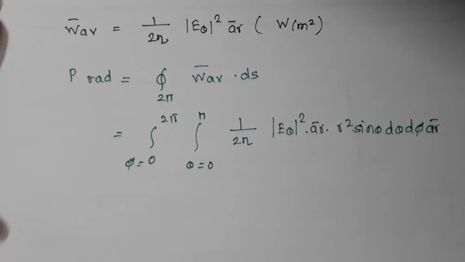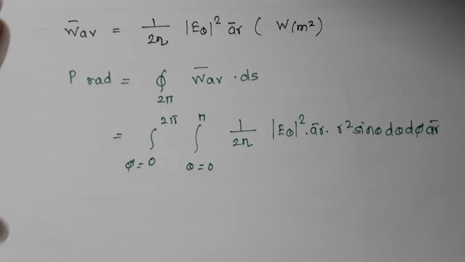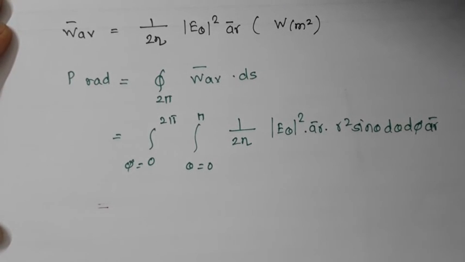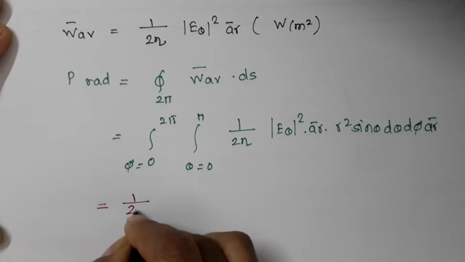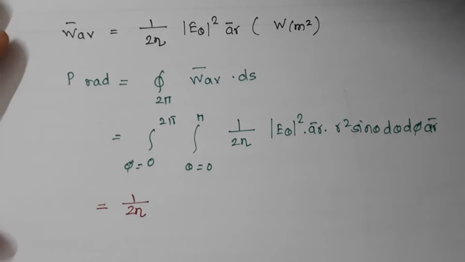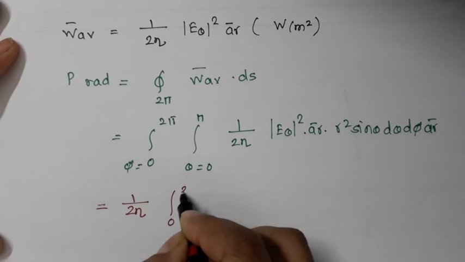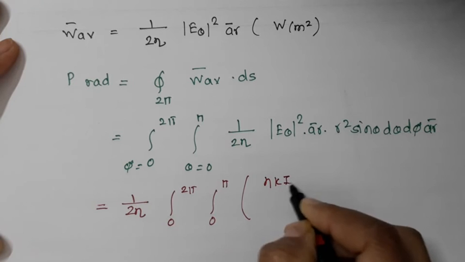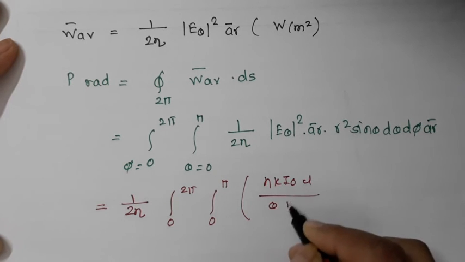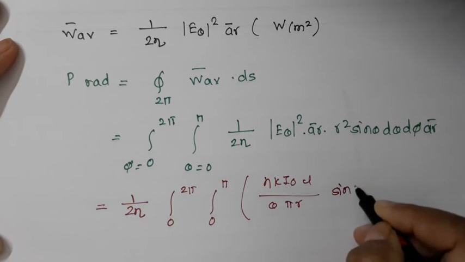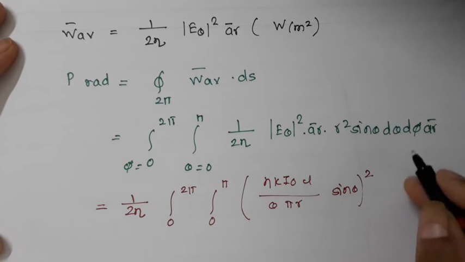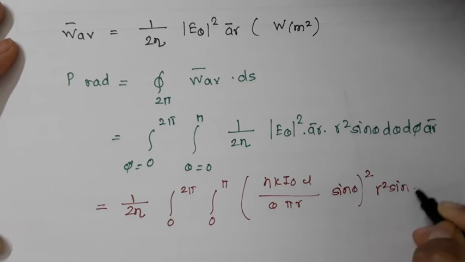After integrating this particular equation, I can write this as 1/2 eta, 0 to 2 pi, 0 to pi, of k I0 L over 4 pi r, sine theta, squared, r square sine theta d theta d phi.